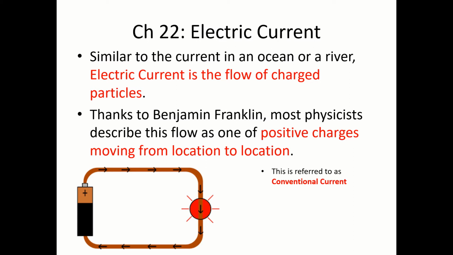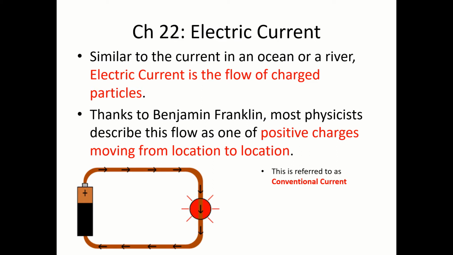That wasn't always the case, so most standard definitions that you will read in many different sources are going to say that electrical current is the flow of charged particles, because for about 150 years, that's what we thought they were.